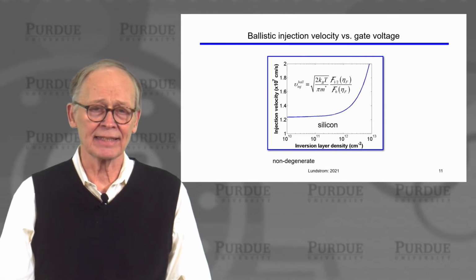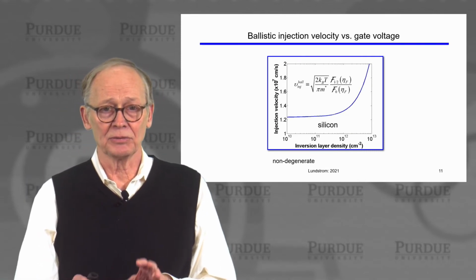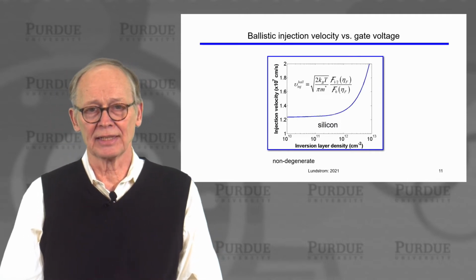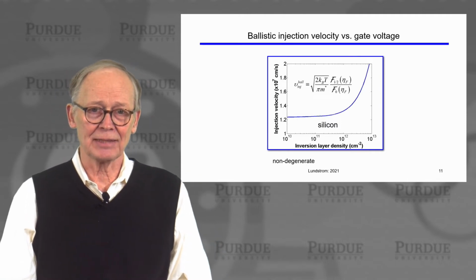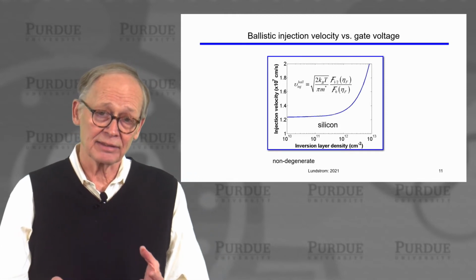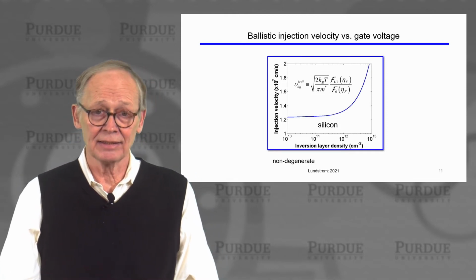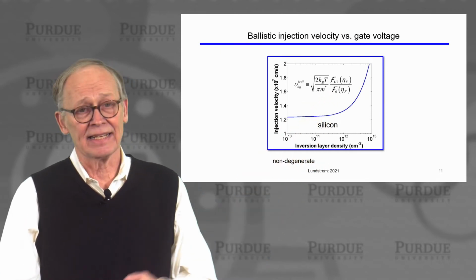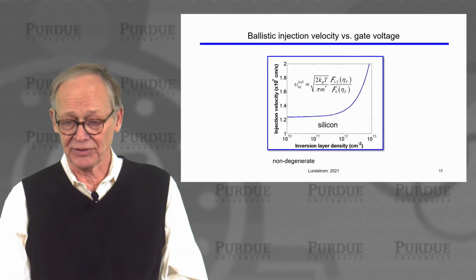Now, in reality, we have to be careful and include Fermi-Dirac statistics. We've been avoiding that in most of this course just to keep the mathematics simple and the concepts clear. But in reality, if we want to analyze measured data, we should be more careful about this unidirectional thermal velocity. It actually depends on the location of the Fermi level.